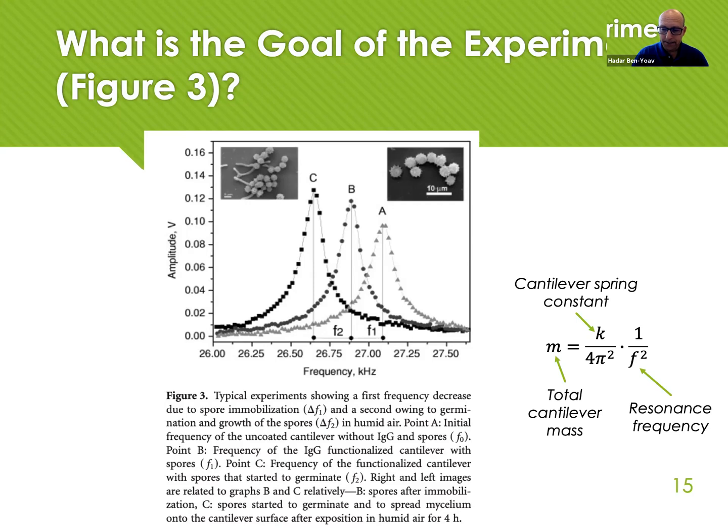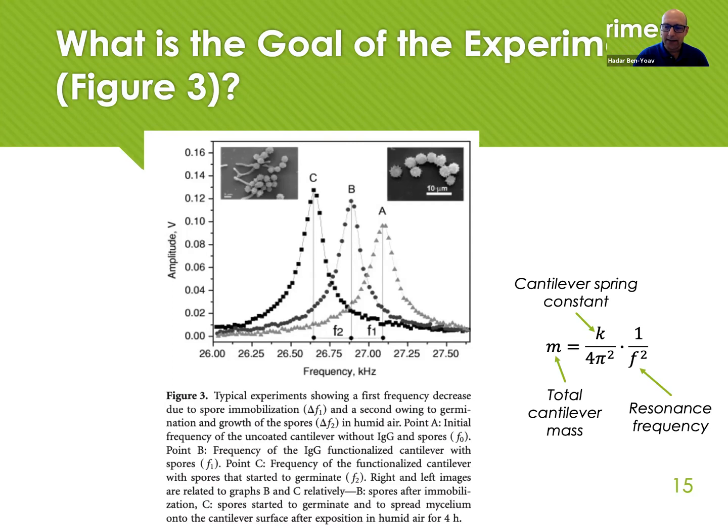What does it mean? That the higher the mass of the cantilever, the smaller the resonance frequency. It actually reaches the maximum, the resonance frequency, when you apply lower frequencies.